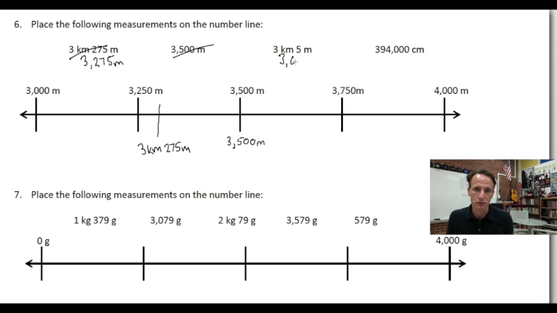There are 0 hundreds, there are 0 tens, and then we have the 5 meters. So, and this is all meters, where would 3,005 go? Now look at this, 3,000, 3,250, 3,005 is just past that line here, right? So, put a marker there, and I'll write it in the form that it was given to me. 3 kilometers, 5 meters. All right, we see how this works, and that's done.